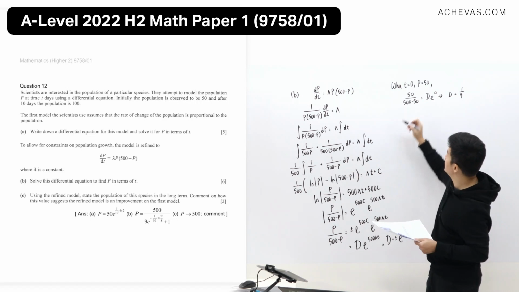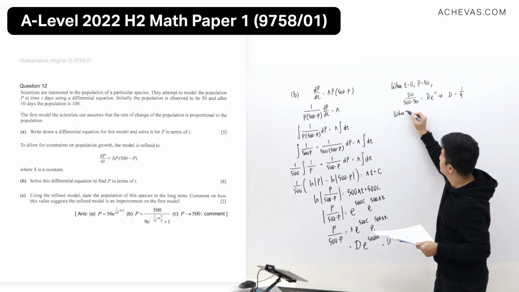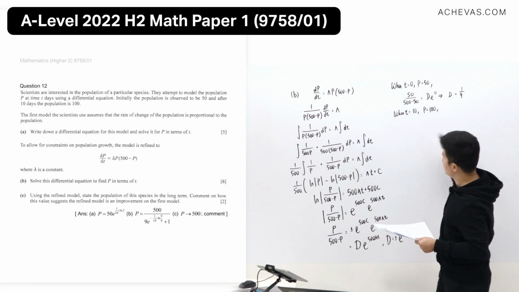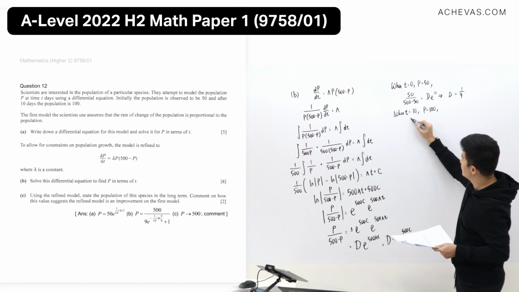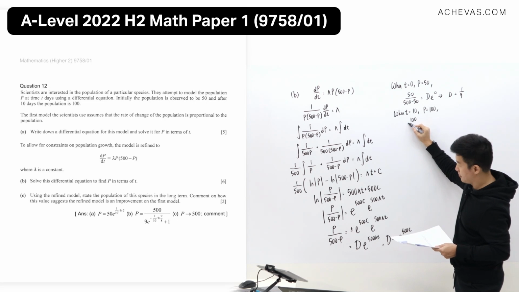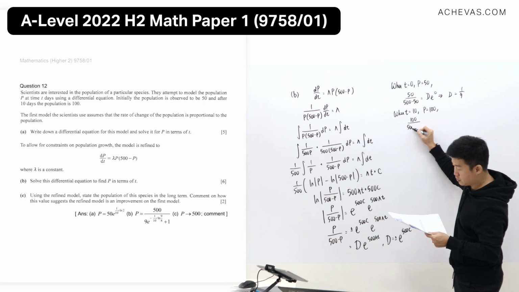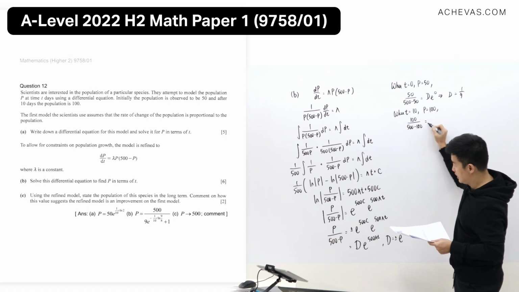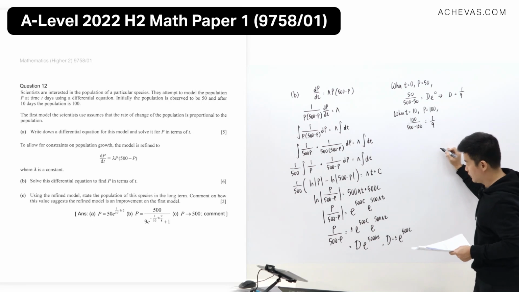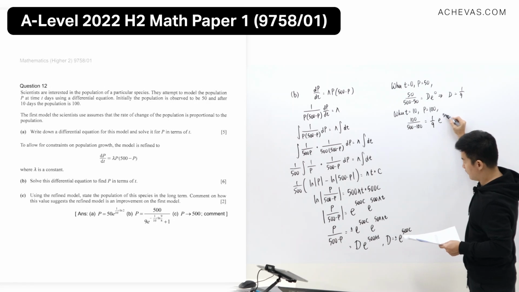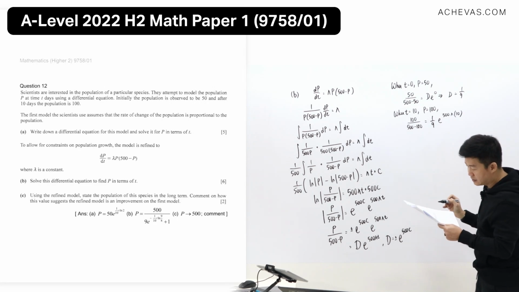The other piece of information is that when t is equal to 10, p is equal to 100. So we have 100 over (500 minus 100) equal to d, which we have found to be 1 over 9, times e to the power of 500 lambda times t, which is 10.